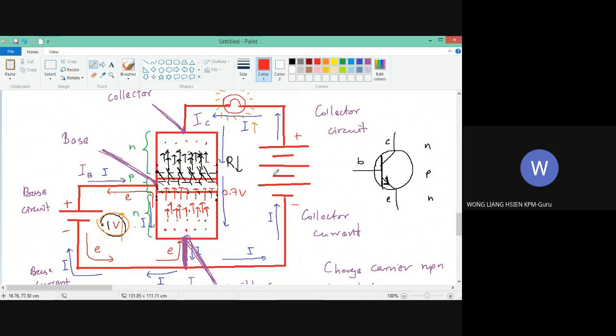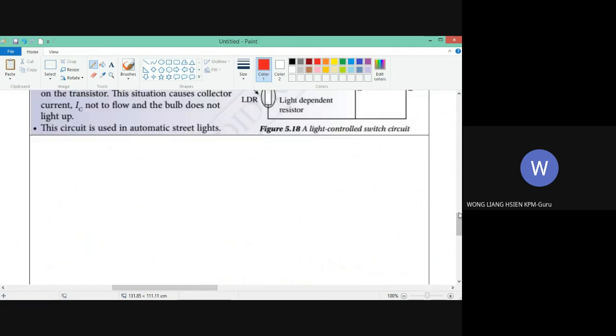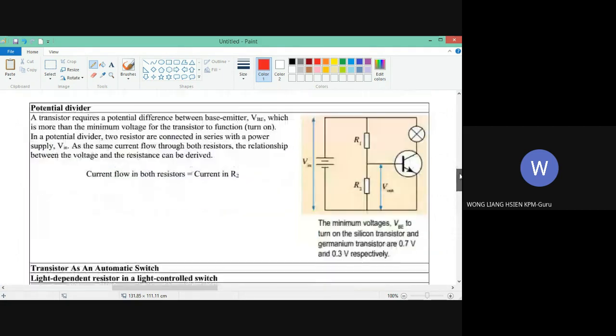Maybe you have one big power source here and then another small power source here. However, by using the concept of the potential divider, we can turn on the transistor without the small power source.